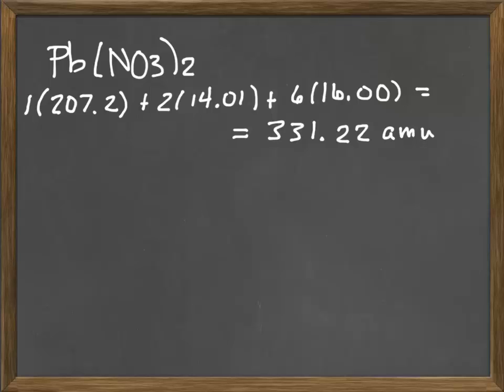Some of you may be curious, well, what about significant figures with these numbers? And why are you writing down 14.01 when the periodic table on the wall says 14.00674? Well, different periodic tables are going to give you different numbers of significant figures.